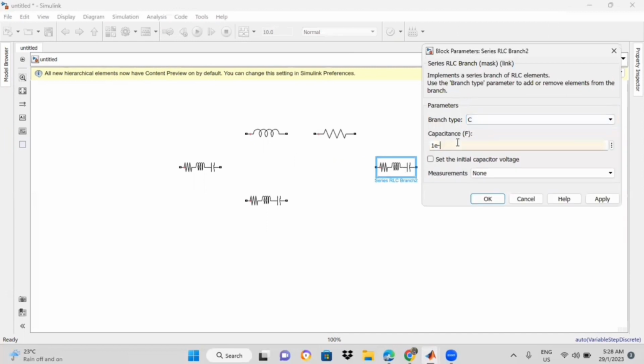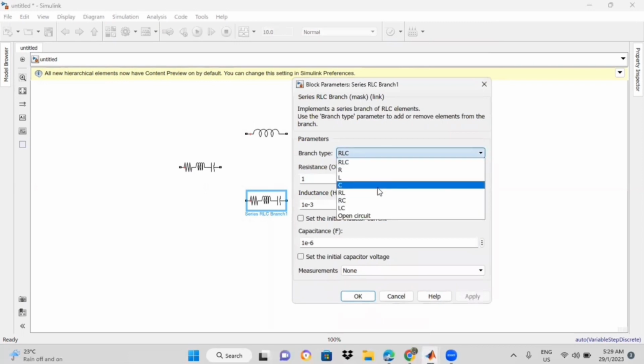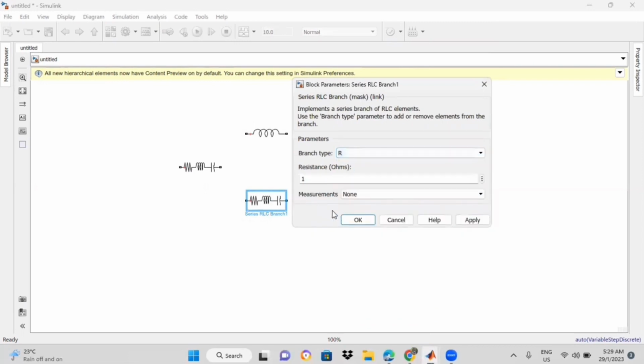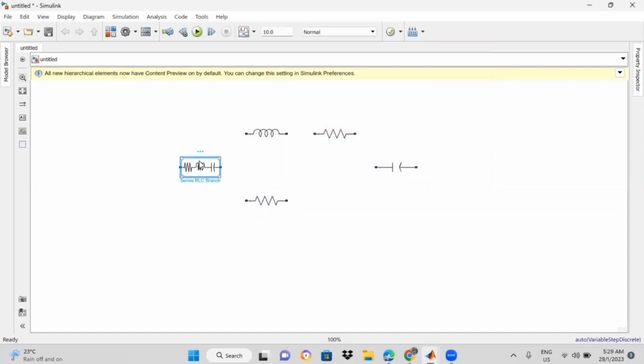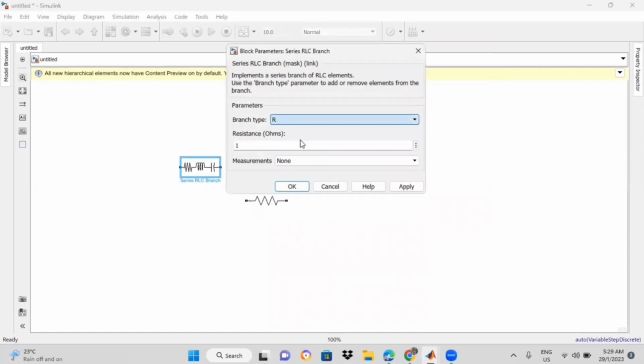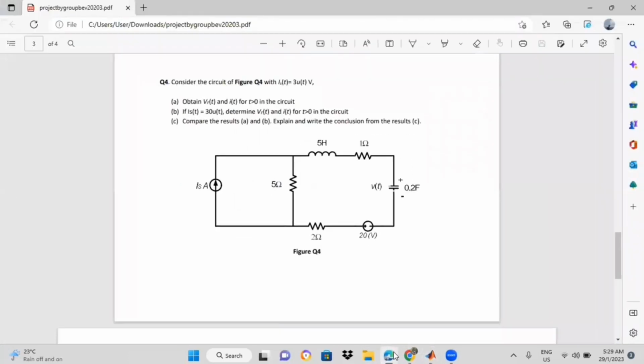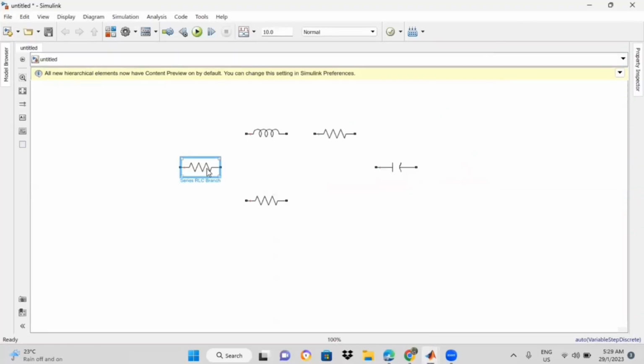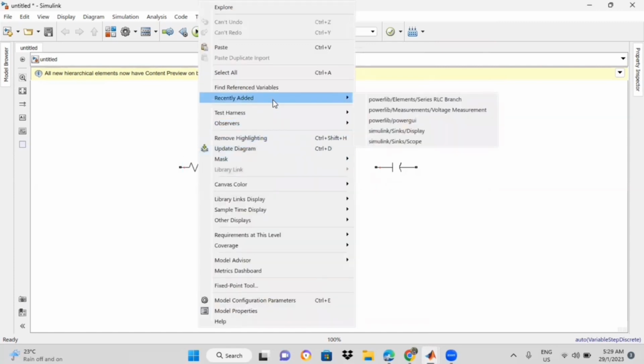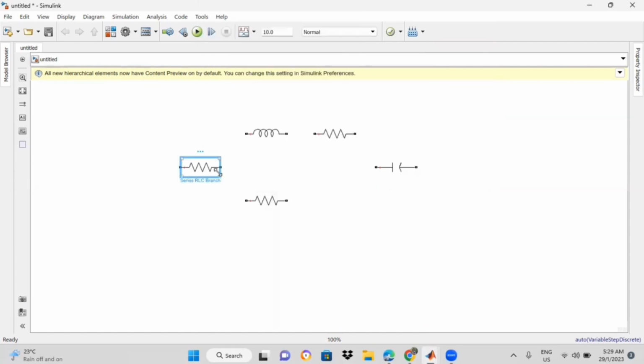Okay, so we double check the values from the question, and then we start to rotate or rearrange the components that we already entered the values for.